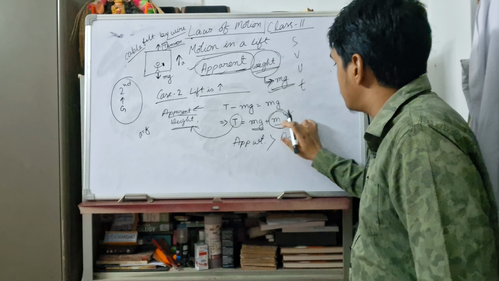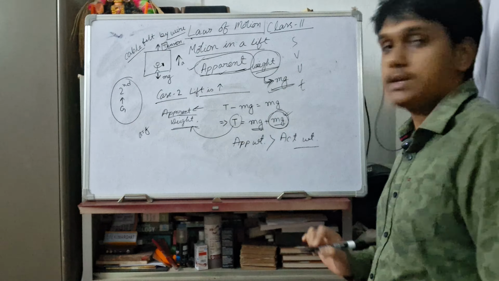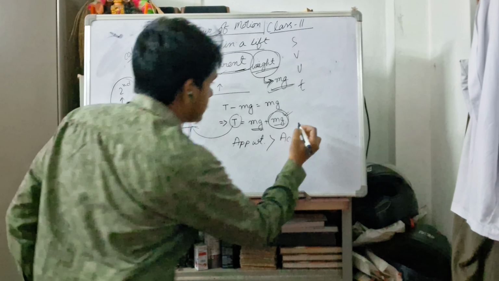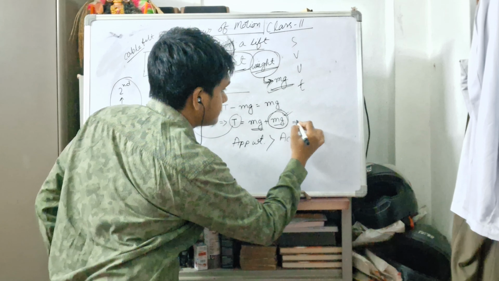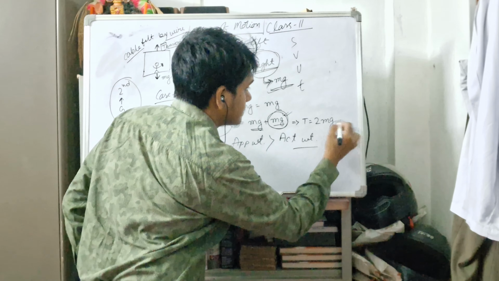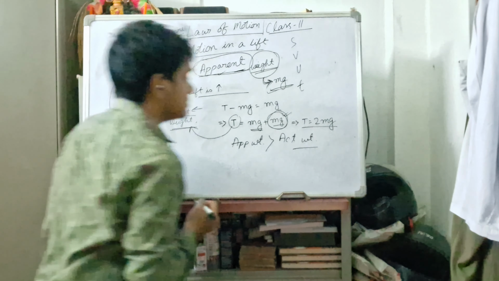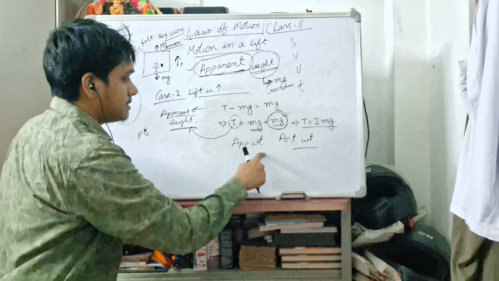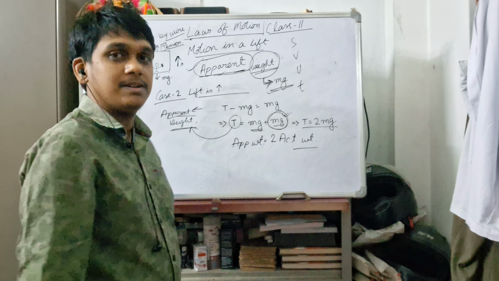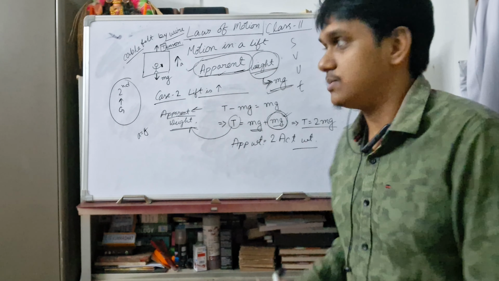So from this you can write T equals twice mg. That means the apparent weight becomes twice your actual weight. My God, you are double your own weight now.